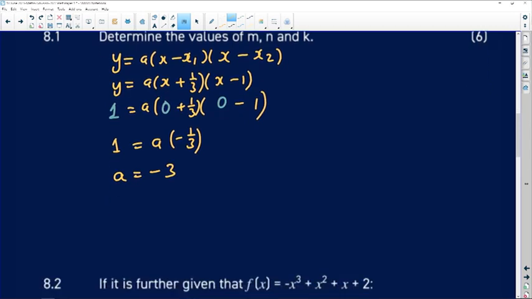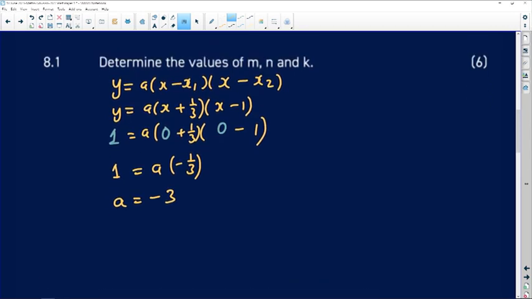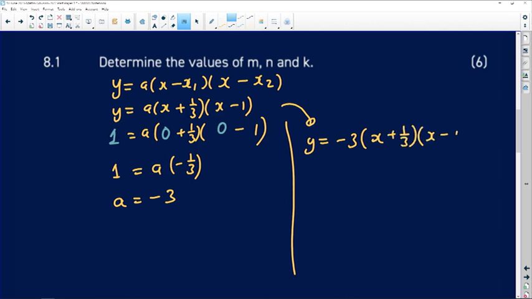Now that means we can figure out the equation by subbing back the value of a in the original equation that we have created. So I'll have y is -3 into (x added with a third) and then (x take away 1).